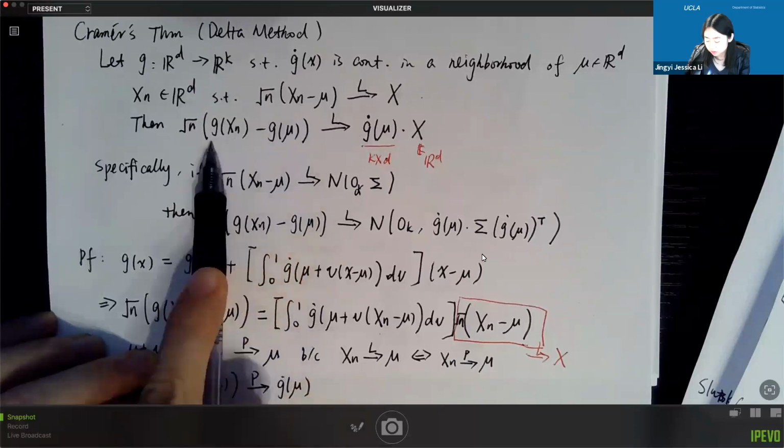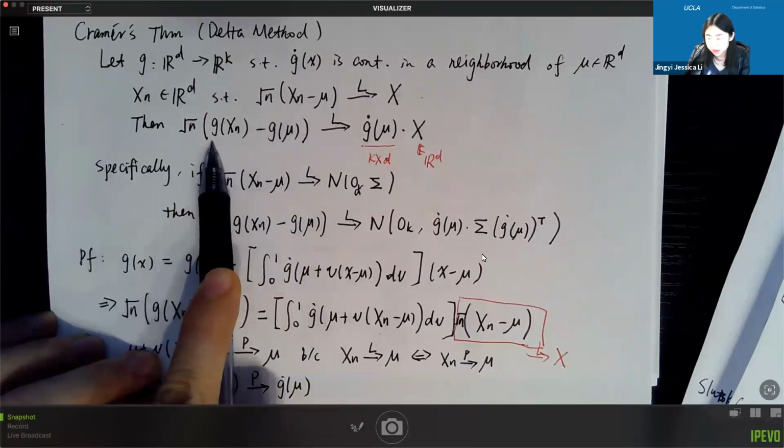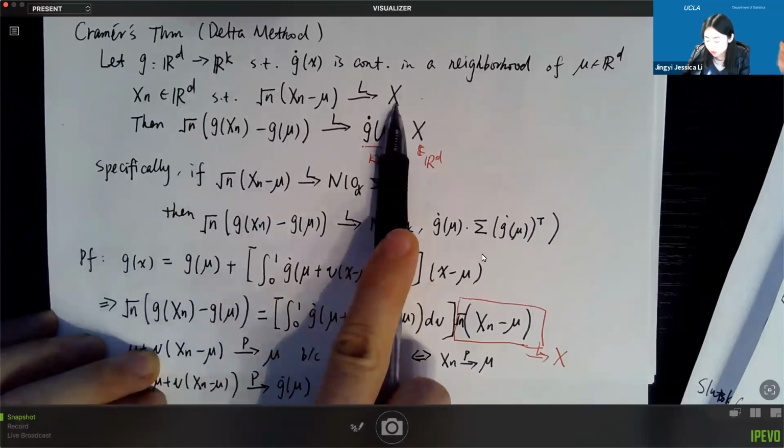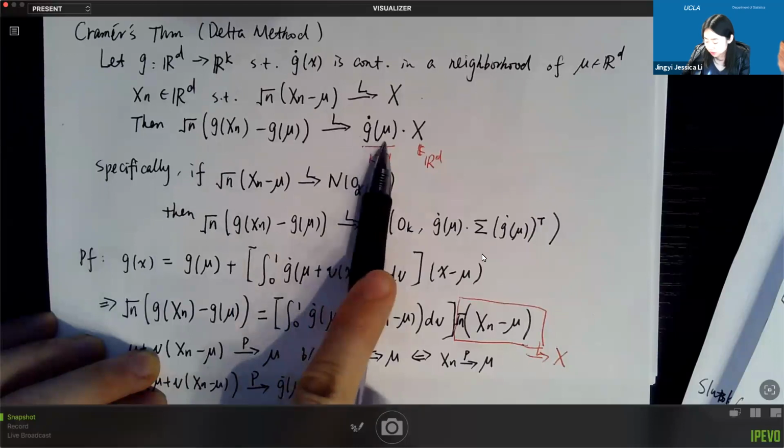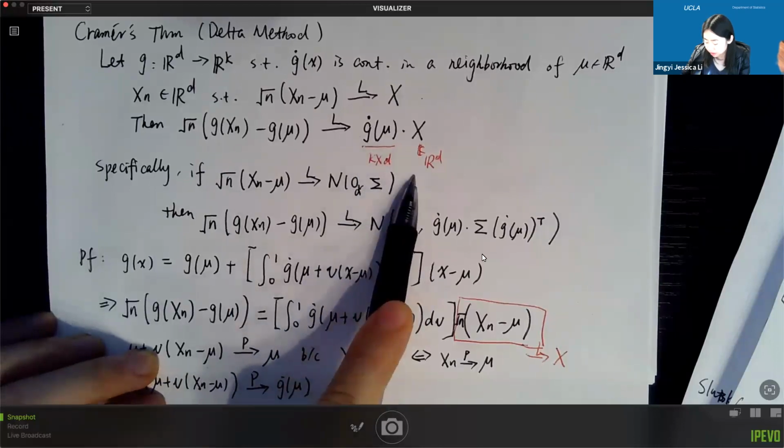So Cramer's theorem gives us a very clean result. It basically says that you just need to scale the random variable in the limit, and the scaling factor only depends on the first order derivative of g, evaluated at mu, the mean. So it's a very clean and simple result.